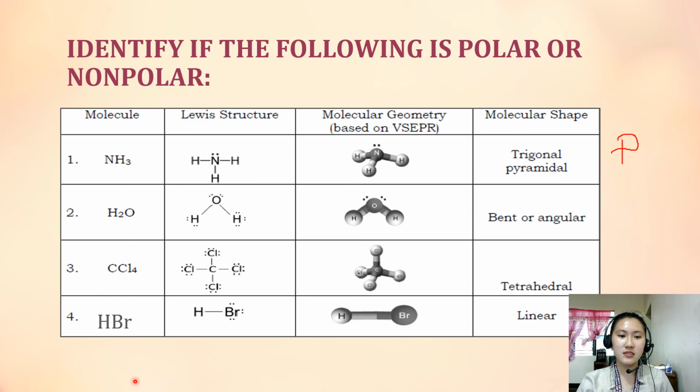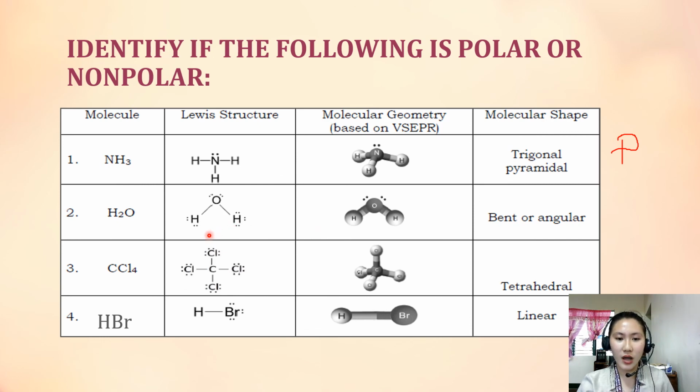Okay. Next, we have H2O. So, ito yung Lewis structure ng H2O. Dapat wala na tong electrons dito kasi isa lang naman yung electron ng hydrogen. So, this is the Lewis structure and this is the molecular geometry. So, the same ba yung Lewis structure and molecular geometry ng H2O? Yes, it is the same. Are all the atoms bonded to the central atoms the same?